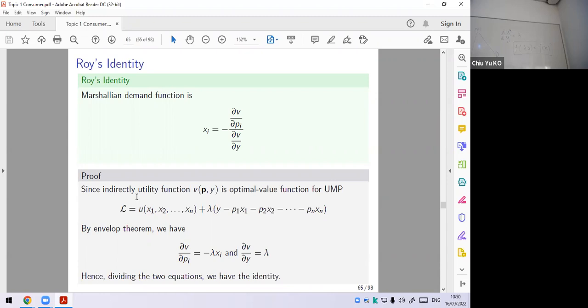If you don't recall what the envelope theorem is, because V is the optimal value of this constrained utility problem, the envelope theorem basically says the following: when you differentiate with respect to P, you only need to worry about the direct effect. You don't need to worry about how P changes the demand structure.